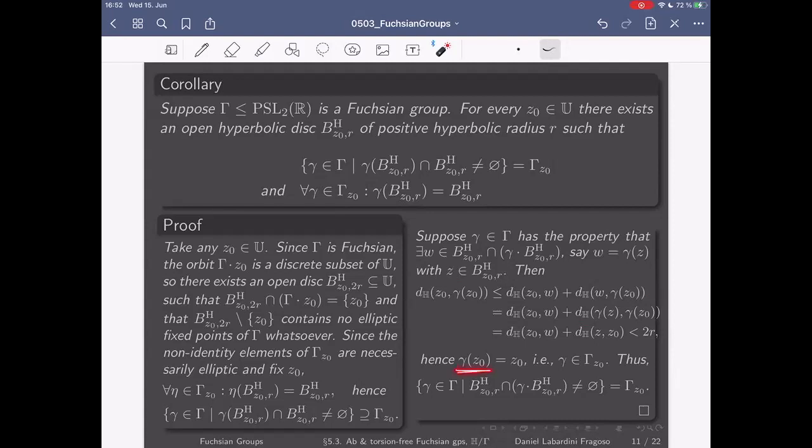So then gamma of Z0 has to be Z0 itself, and that means that gamma is in the stabilizer already. So you get not only the inclusion of the stabilizer, but actually equality. And that's what we wanted to show here. Right, and the second statement was shown at this part of the proof.